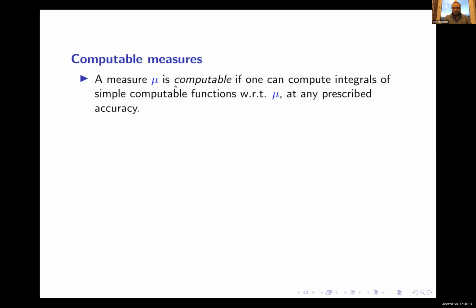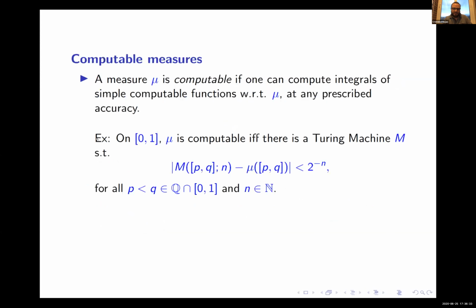A measure is computable in the sense that we want if there is a machine that can compute integrals of simple computable functions with respect to this measure at any prescribed accuracy. So for example, in the unit interval, a measure is computable if there is a Turing machine that on input an interval with rational endpoints p, q and an integer n gives a rational number which is exponentially close to the actual value of the measure for that rational interval.